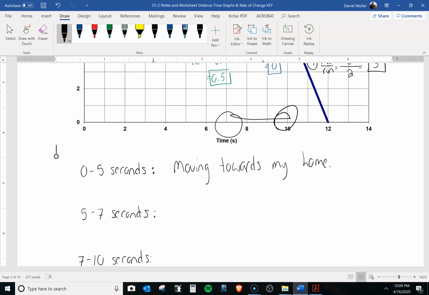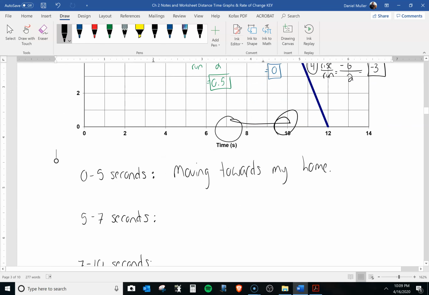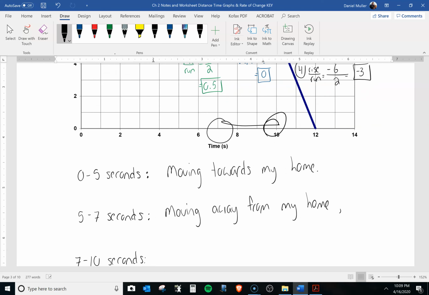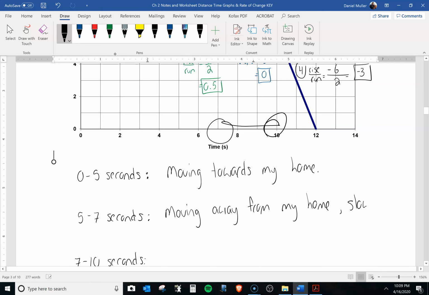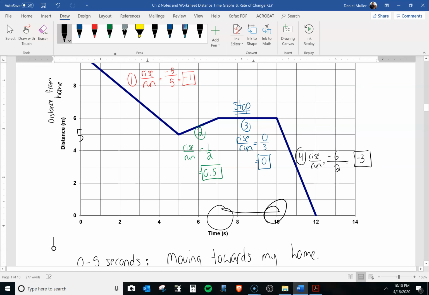And then from 5 to 7 seconds, I'm 5 meters away from my home, and I'm actually moving away from my home again. Now I'm 6 meters away. So in that little time, I'm moving not towards my home, but away from my home. But I'm doing that slower. As you can see here, my slope was -1 and now it's 0.5. 1 is a higher number than 0.5.